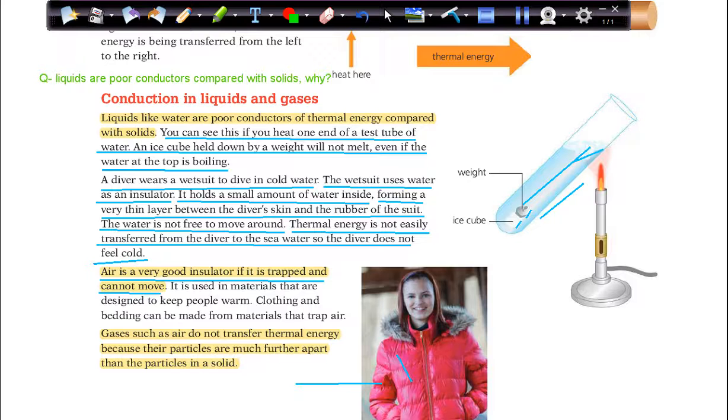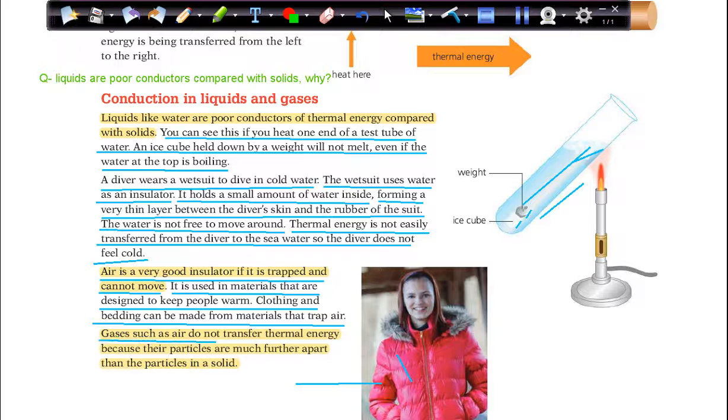It will block the cold air out, or keep the body temperature stable, not losing body temperature. It's used in materials that are designed to keep people warm. Clothing and bedding can be made from materials that trap air. So they are using materials that can insulate air in clothing and bedding, like the materials used to make a bed mattress.